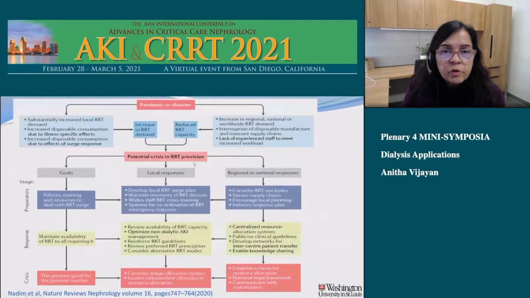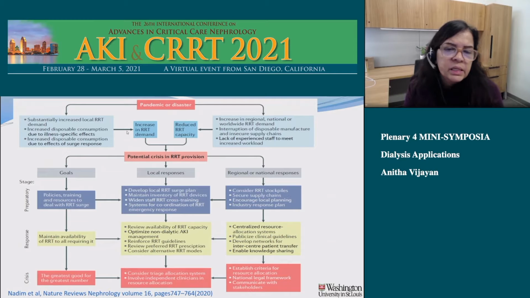So for the future, the ADQI group recommended that we plan ahead. Make sure the nephrologist has a seat at the table. Make sure we assess our resources at our individual institutions, lead or be involved in local and regional responses, and have a plan in place for surge.